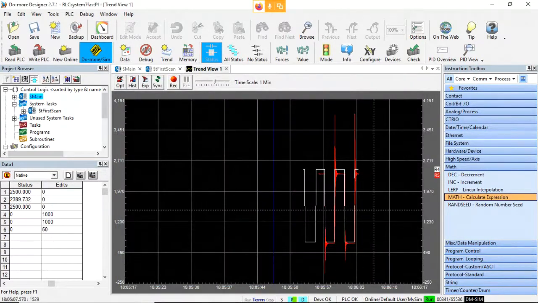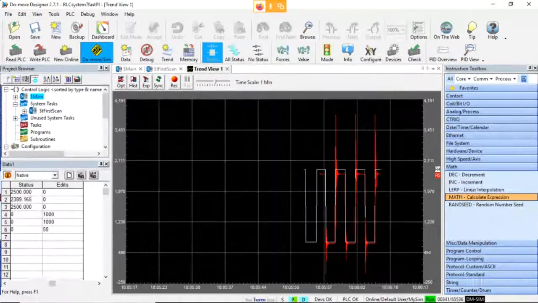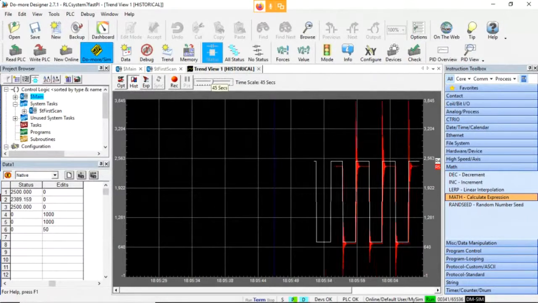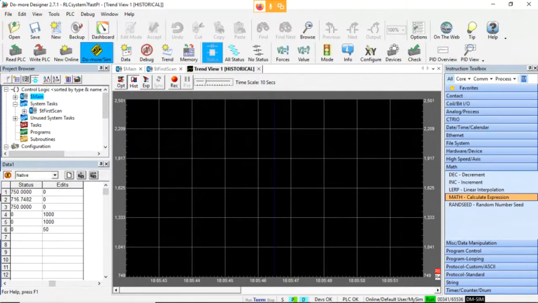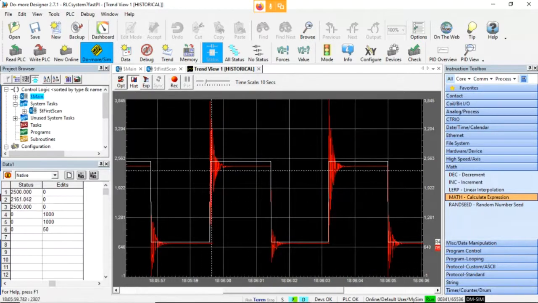You can see all this ringing going on. If we hit our history and zoom in on this a little bit, I didn't let it run very long, but you can see that this is bouncing all around. That's that ringing.